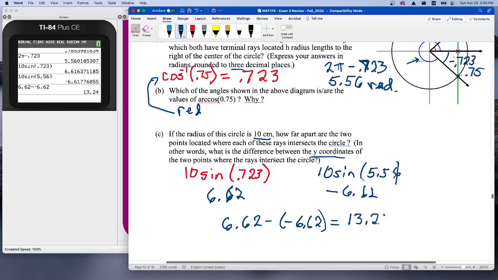When you check the answer, it's a little bit off, but I should have said to round these to 3 decimal places, so 5.560.